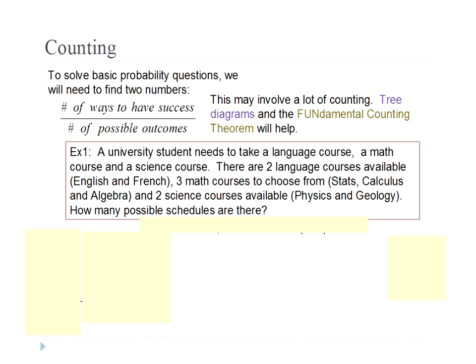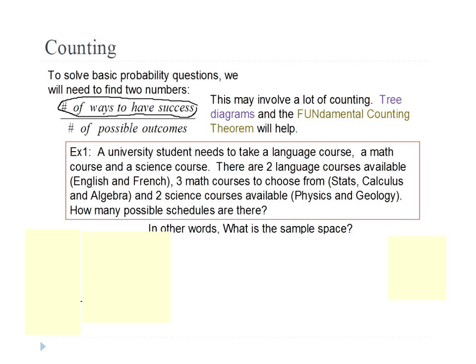And of course, as a true university student, you are randomly going to choose a schedule. So we want to figure out how many possible schedules there are. And what that really means is, what is the sample space? Now notice this is not talking about probability, so I'm not looking at the number of ways to get success. I'm simply talking about the number of possible outcomes here.